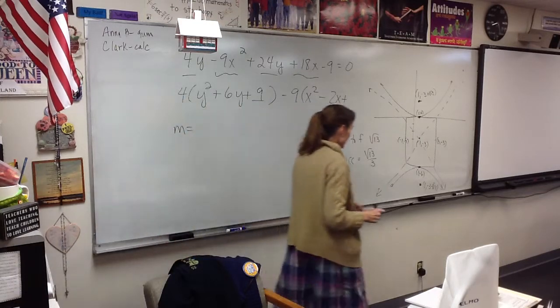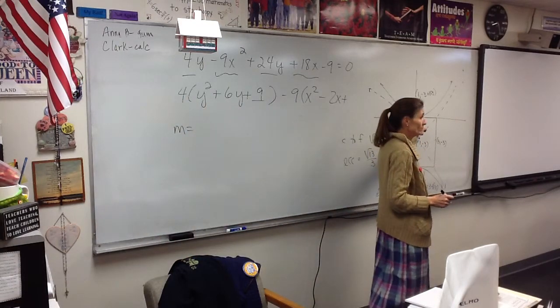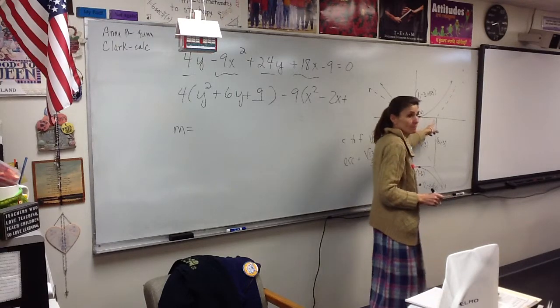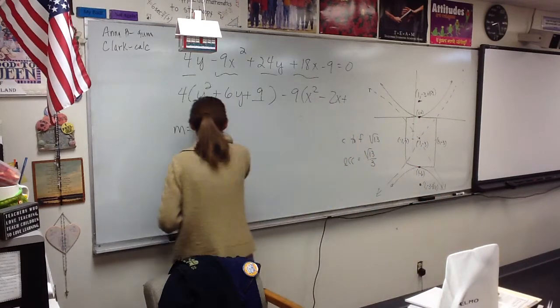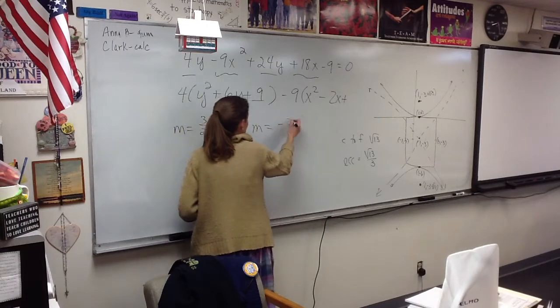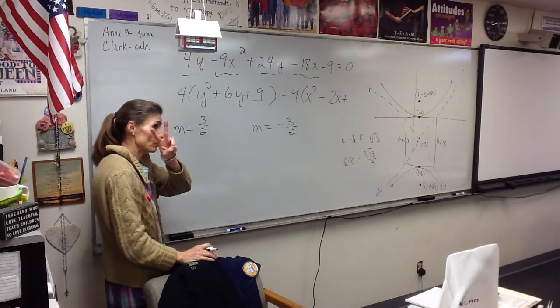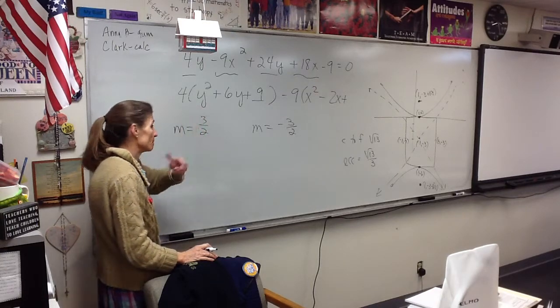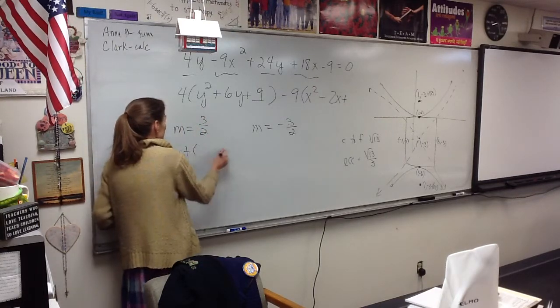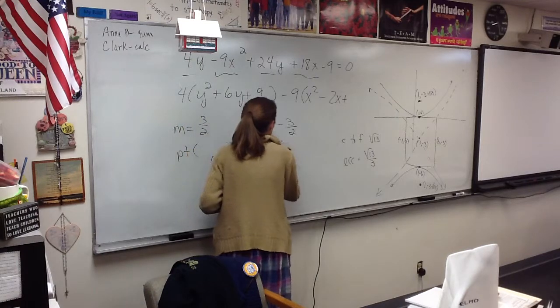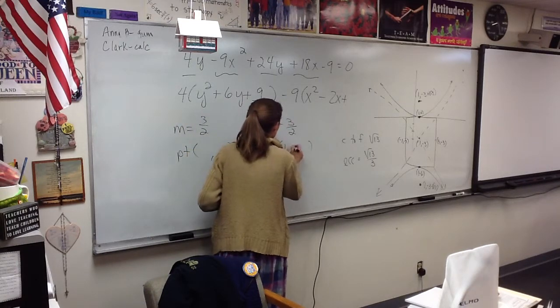When I built the box, how far up did I go? 3. And over? So my slope is 3/2 or -3/2. Yeah, got 2 of them, so I need 2 equations. What point am I going to use? I'm going to use my center, which is 1, -3.